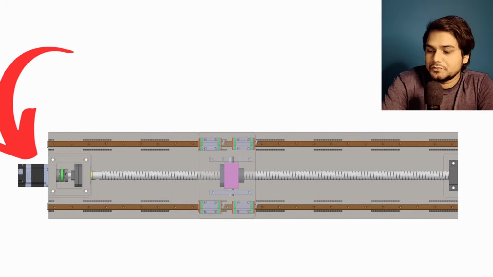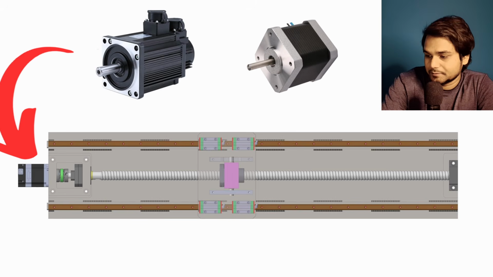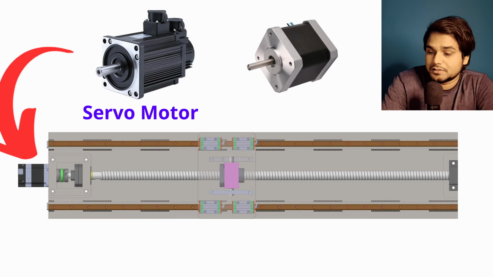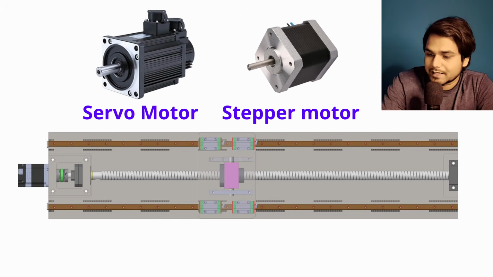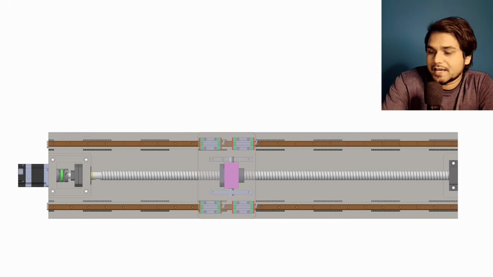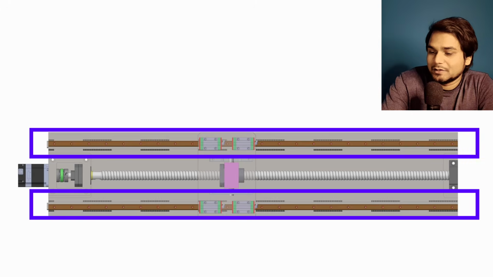And here we can use different types of motor as per the required system accuracy. Normally we use the servo motor for high accuracy and control over motion. Or we can use the stepper motor if the budget is low and high resolution motion is not required. Then we have linear motion guides to support and guide the load.